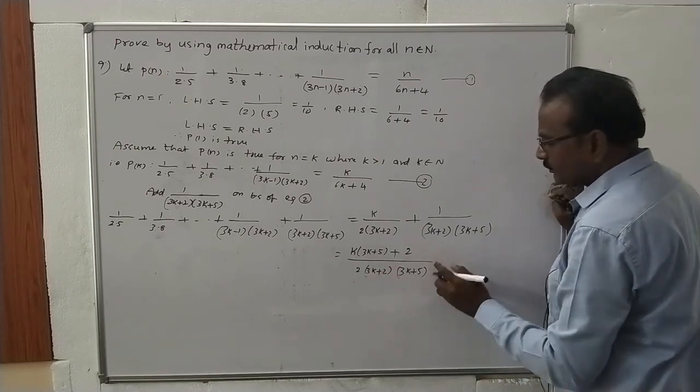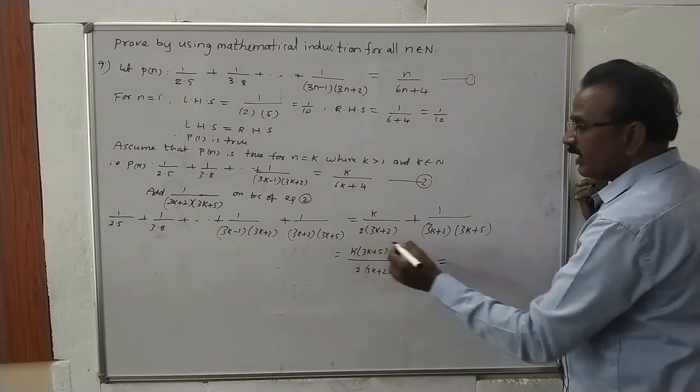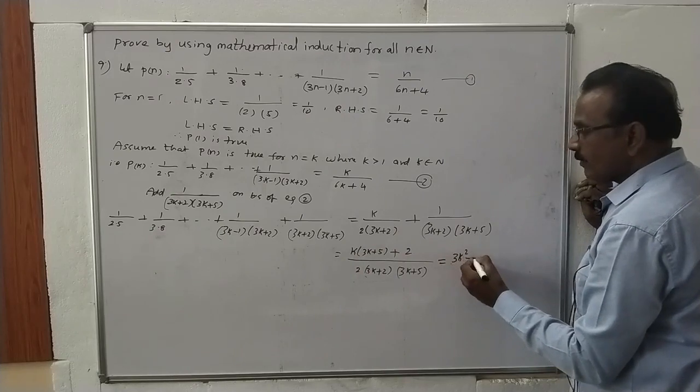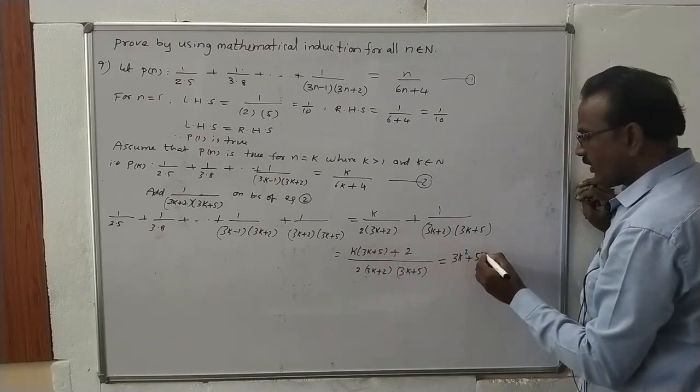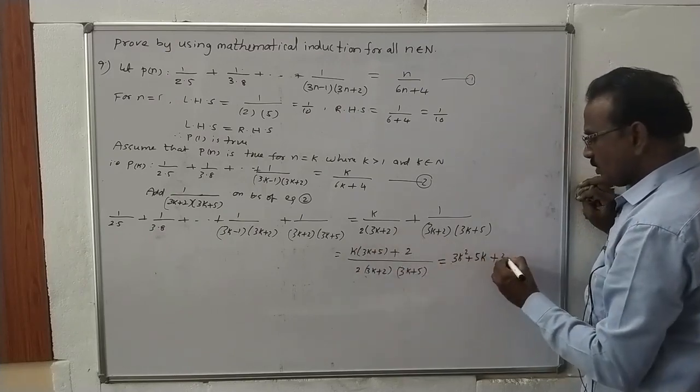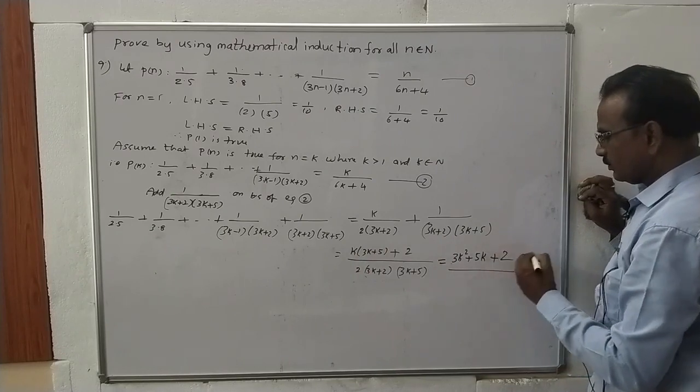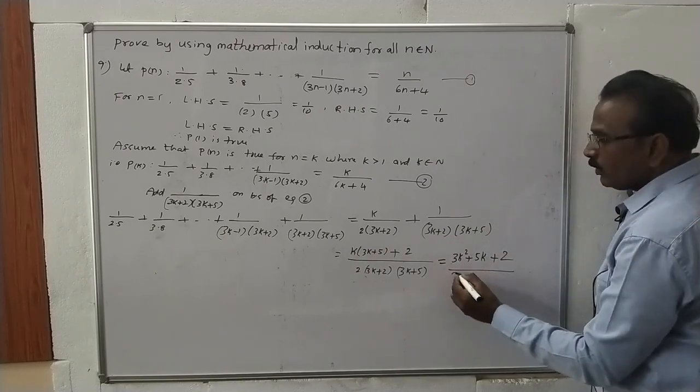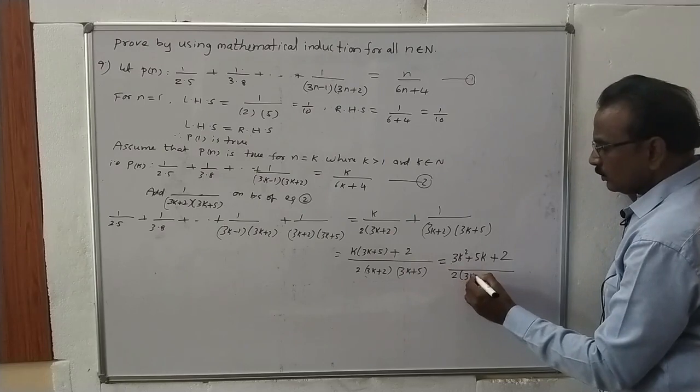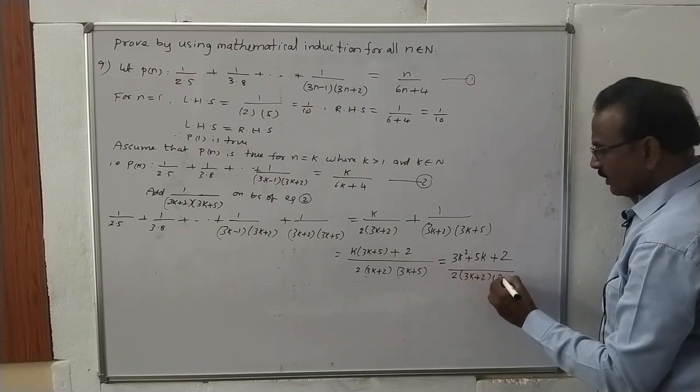So that is equal to 3k square plus 5k plus 2 divided by 2 into 3k plus 2 into 3k plus 5.